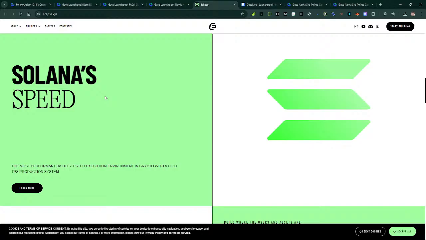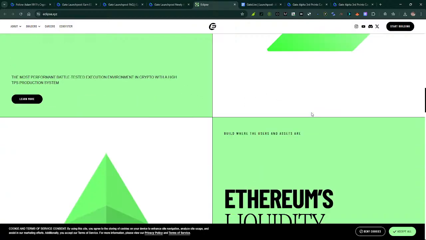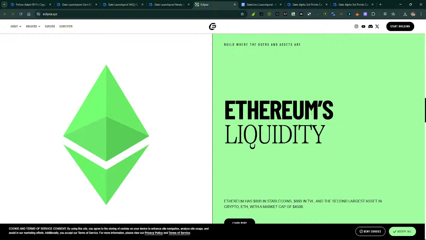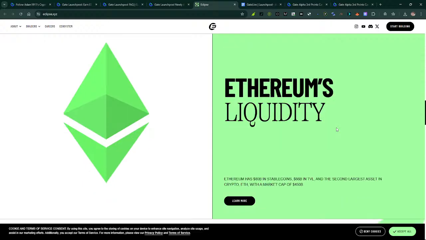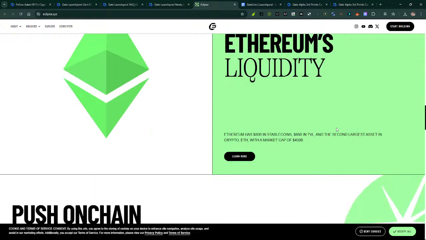They are using Solana speed, alongside Ethereum's mechanism, the fastest layer 2 mechanism, and build where the users and assets are. Ethereum's liquidity: Ethereum has 80 billion in stablecoins, 66 billion in TVL, and the second largest asset in crypto, Ethereum, with a market cap of $450 billion.